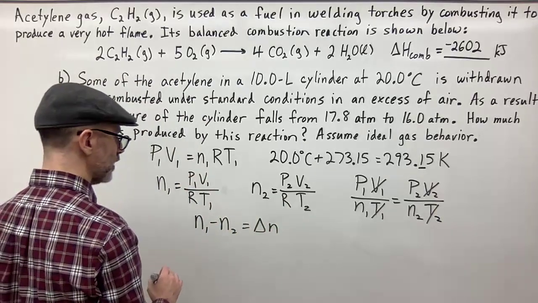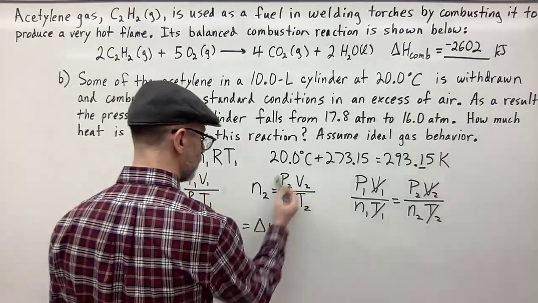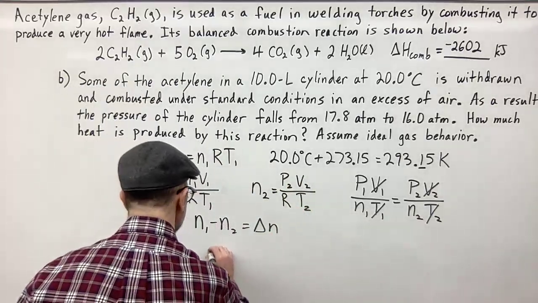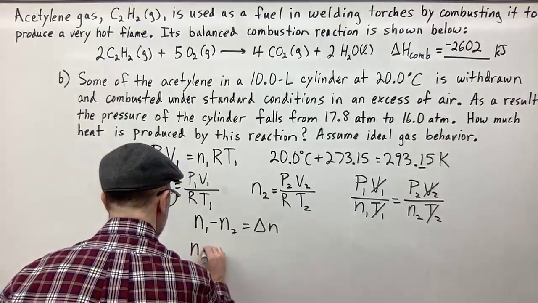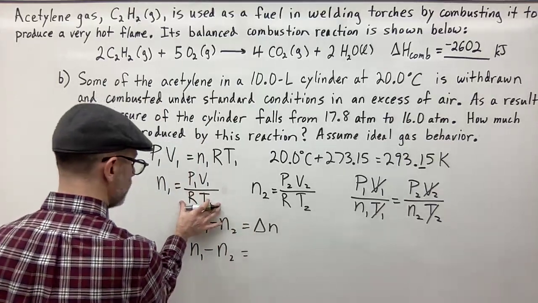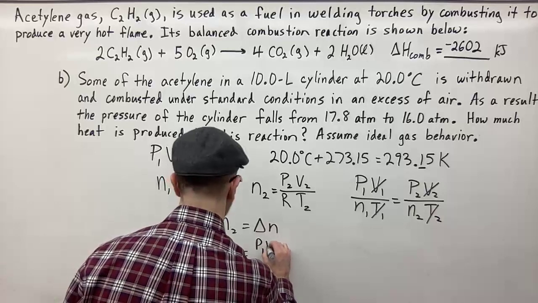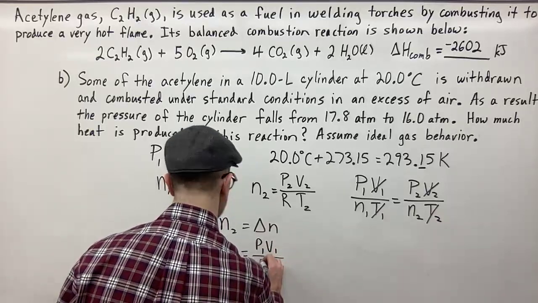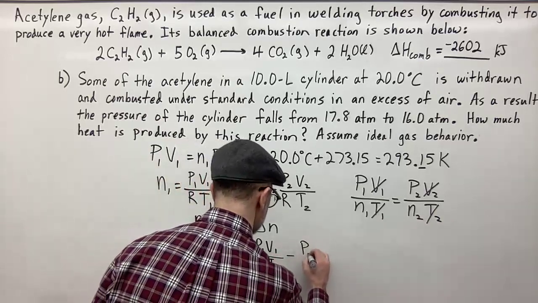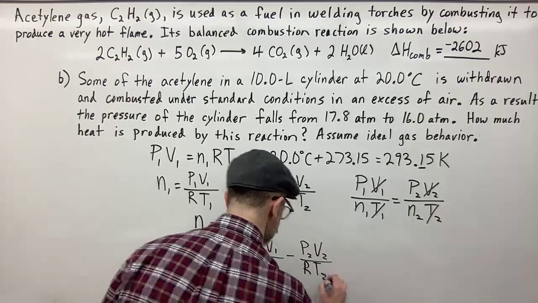It'd be like subtracting this from this. So N1 minus N2 is going to be, I'm going to substitute this, so it's going to be P1 V1 over R T1 minus P2 V2 over R T2.